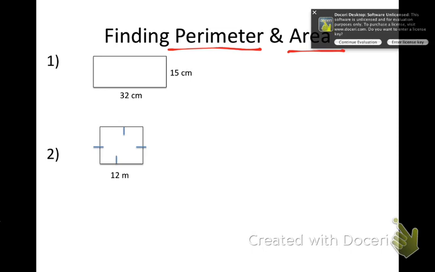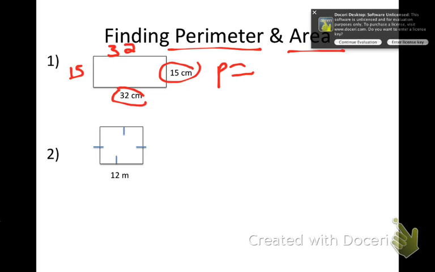So if this is 32, the opposite side is also 32. If this one is 15, the opposite side is also 15. Perimeter, I can add up all 4 sides. I can take 2 times the length plus 2 times the width. Doesn't matter which way you go here. Again, a lot of different ways to work it out. But the perimeter of this figure would actually be what?